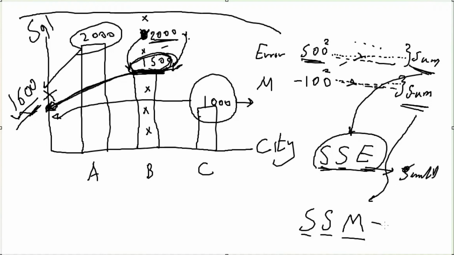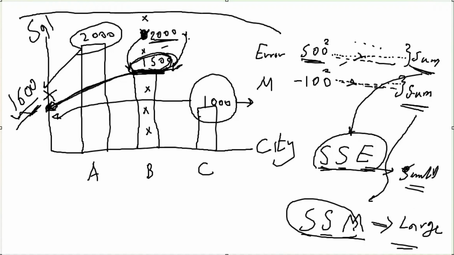And we wish that the sum of squared model is large, because it means how far we are from the stupid or naive average, the grand average. The farther we are from it, the farther we are from being stupid. So we want this to be large and this to be small.